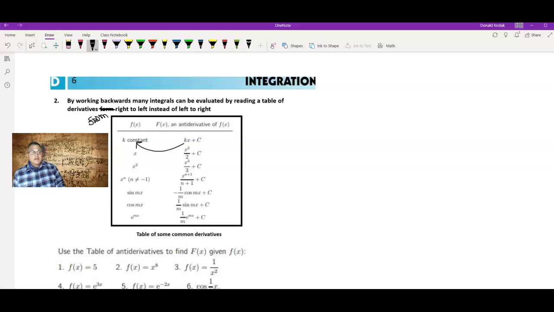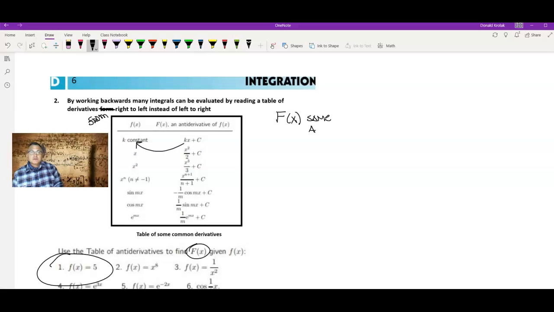Right, so for example, if we take the first problem here, it says find the antiderivative capital F. All right, so just some notation. Capital F, okay, that's the same as writing the integral. So that's the same as saying, what's the integral of 5?